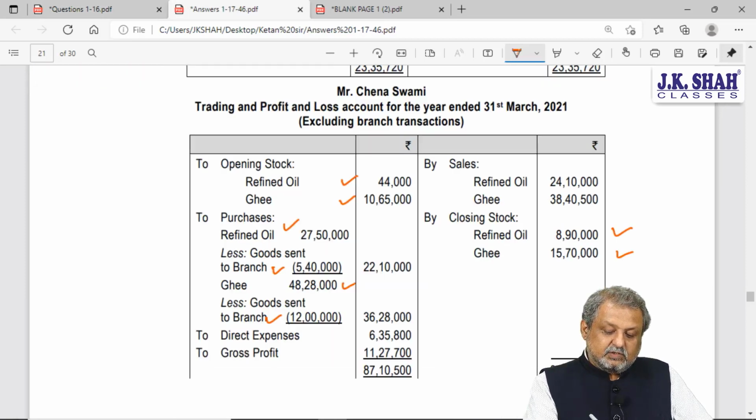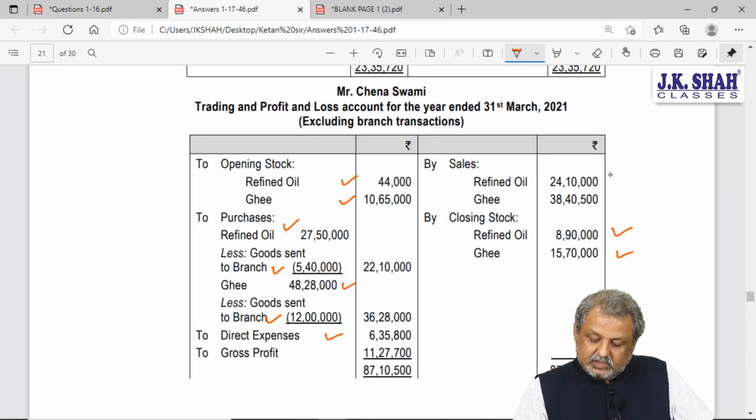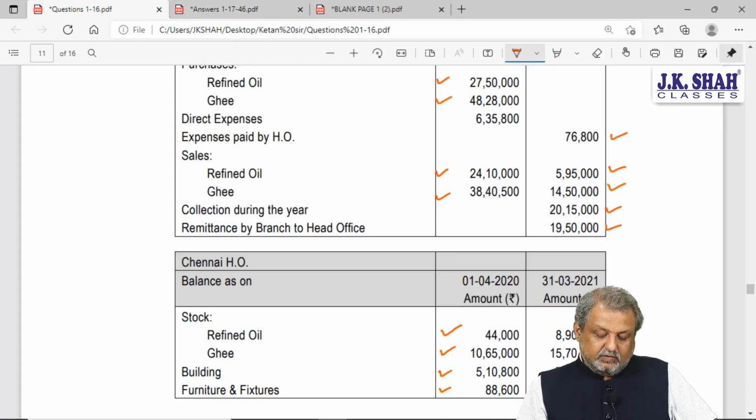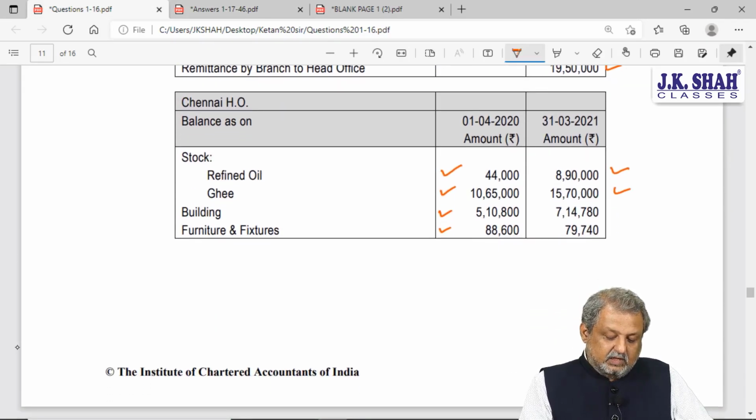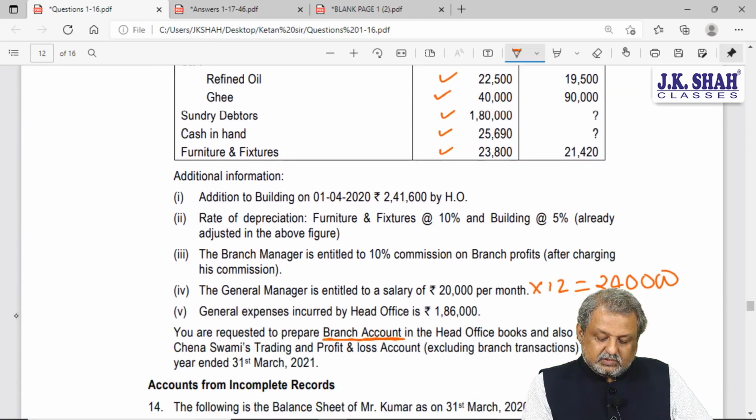Direct expenses in trading account. Then sales is given, so trading account credit side sales 2410, 38 lakh 40,500, and then the remaining adjustments for the purpose of calculation of depreciation.